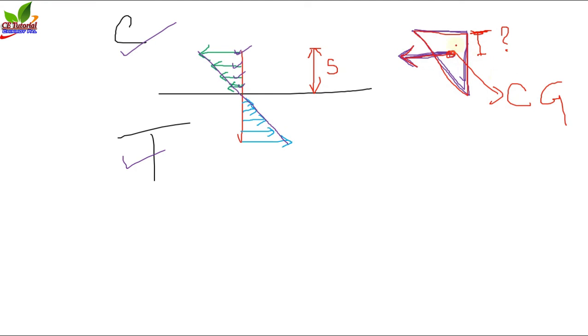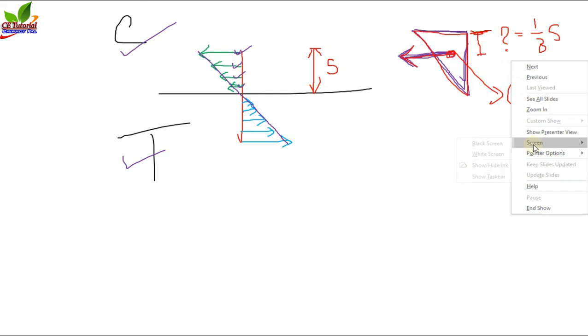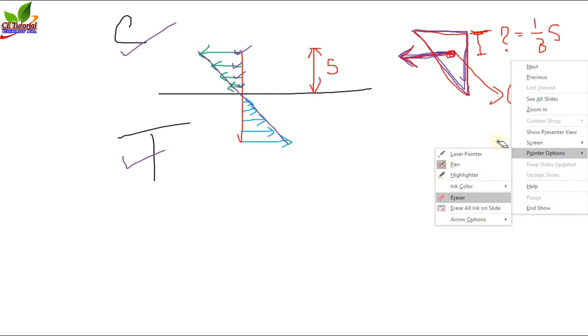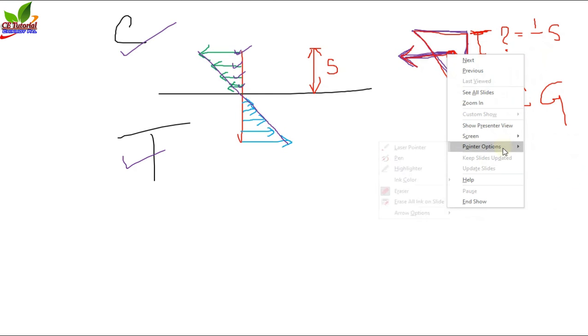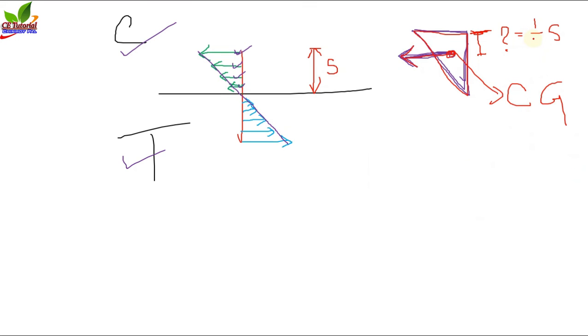The topmost fiber and CG distance will be 1/3 of s, nothing else.